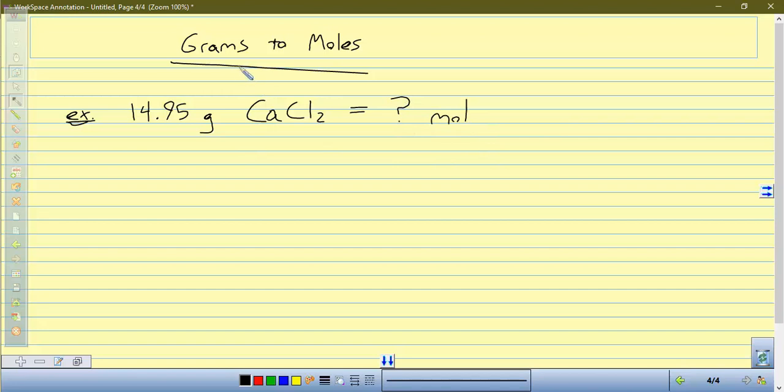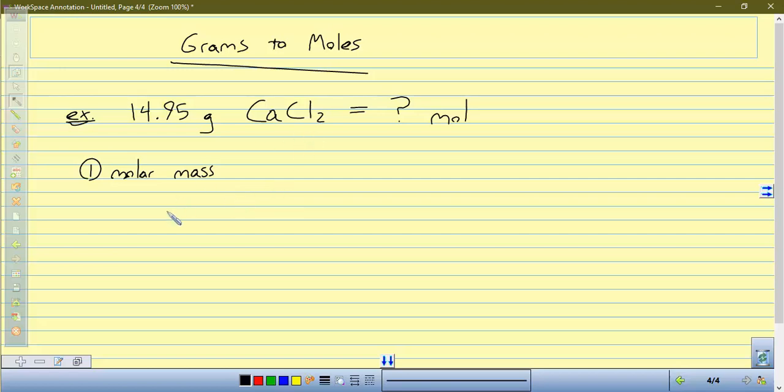Okay, once again, we have a problem with grams and moles, and whenever you see that, you're going to need the molar mass. Okay, I don't know how many moles this is, but I can figure out from the periodic table, well, how many grams is 1 mole, right? So, step 1, molar mass.